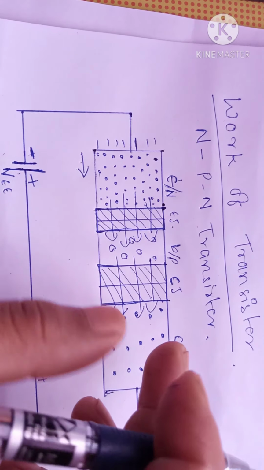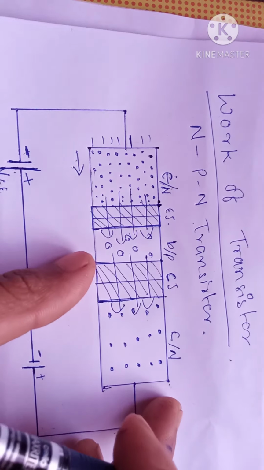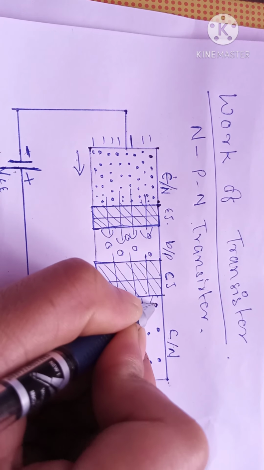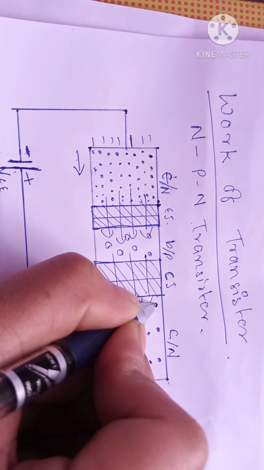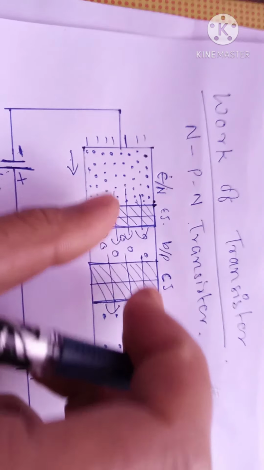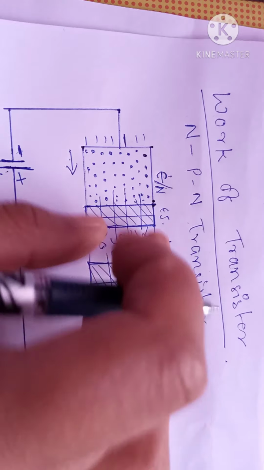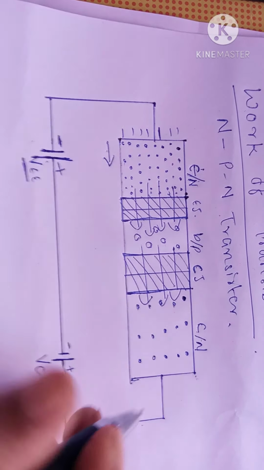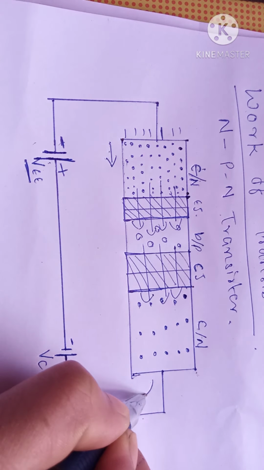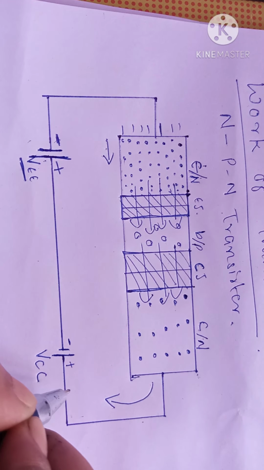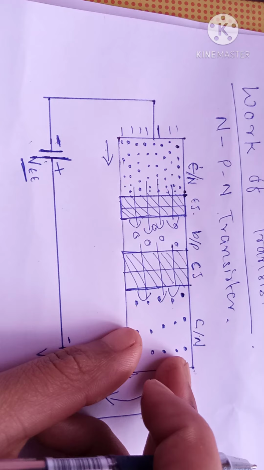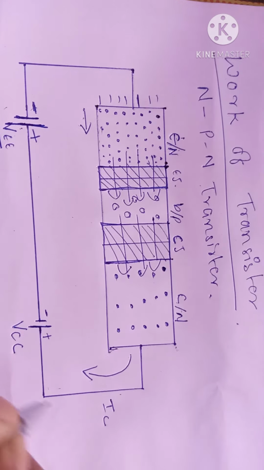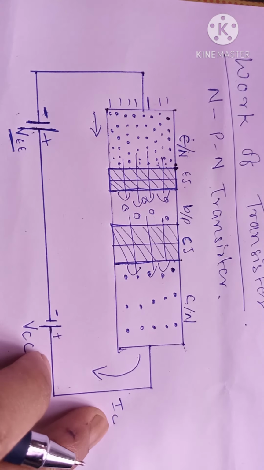When electrons reach the collector, they immediately start to repel each other, and under the influence of the VCC battery, electrons flow to the positive terminal present in the collector and create a current IC, the collector current.